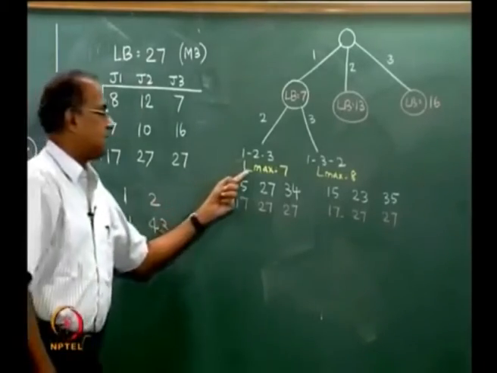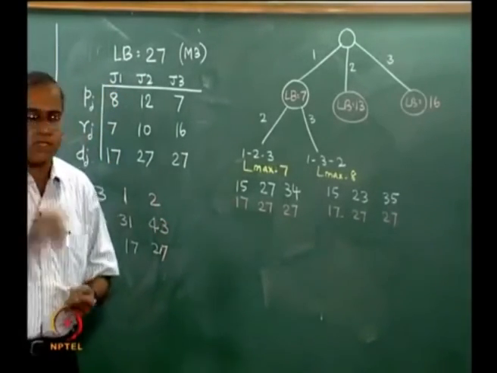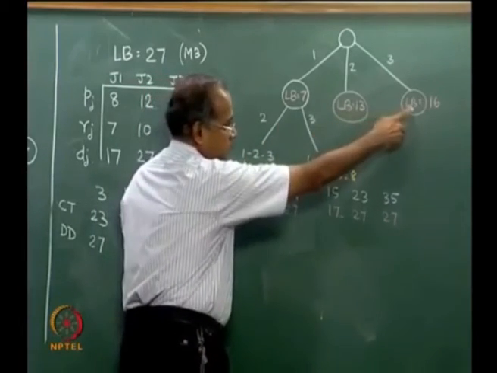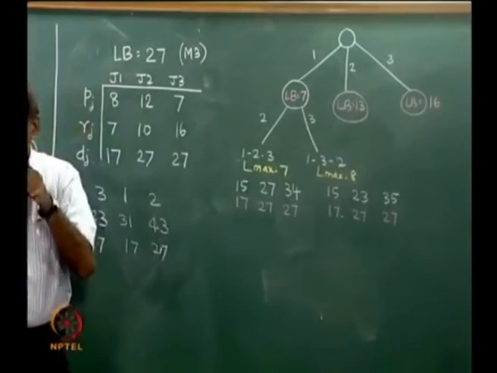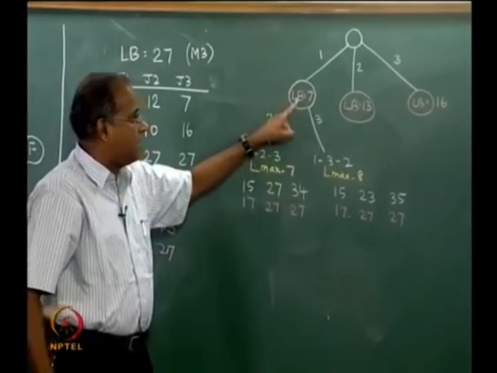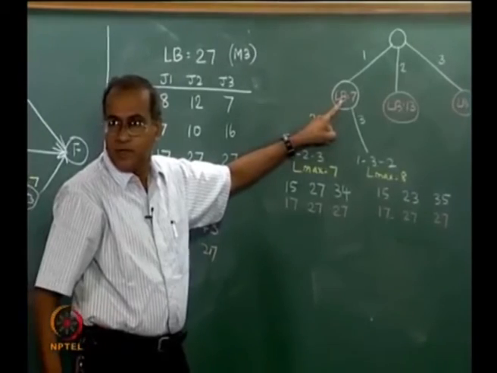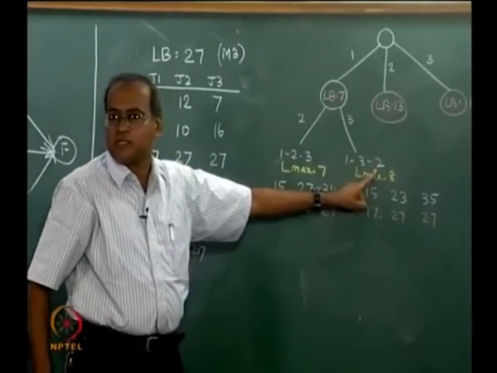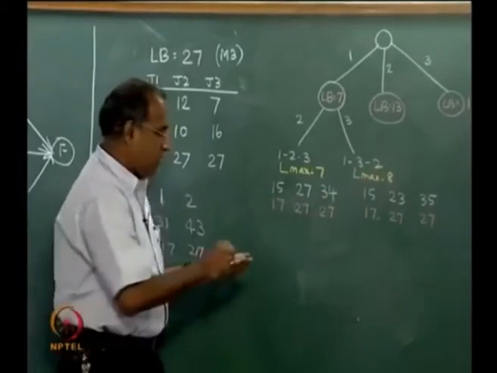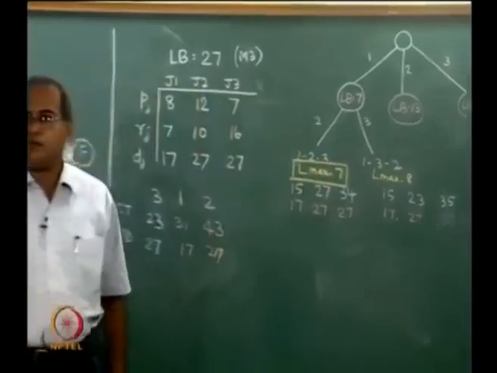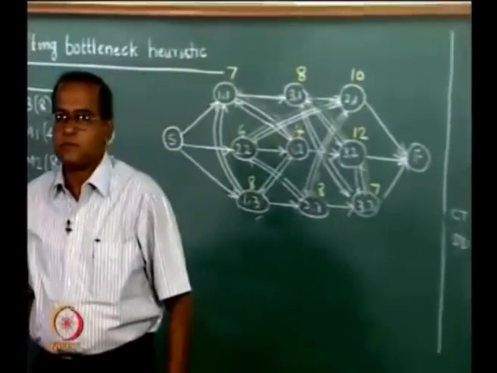So with L max equal to 7, actually we could have fathomed it, because with L max equal to 7 we can fathom this. And since it is a branch and bound algorithm, the value that you can get here can only be greater than or equal to 7, and since we have a solution with 7, we need not have evaluated this also. But then we know that L max equal to 7 is optimal for this.